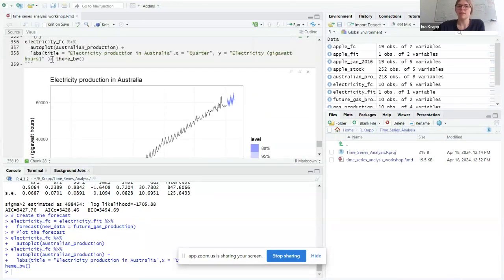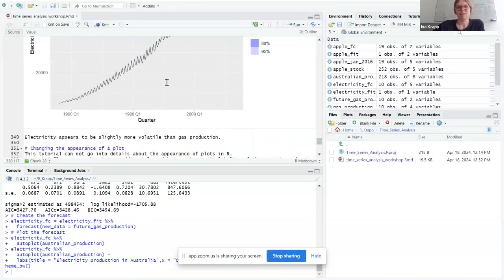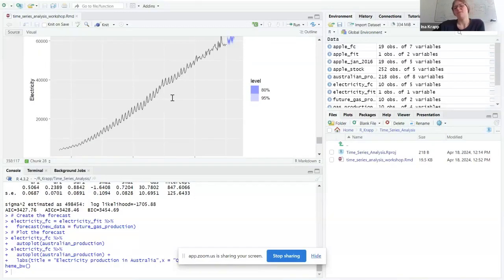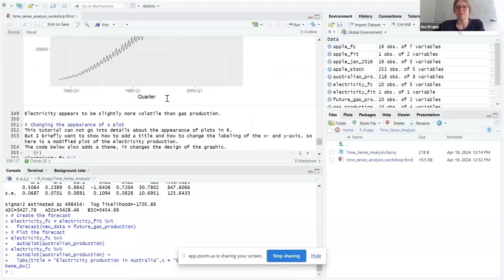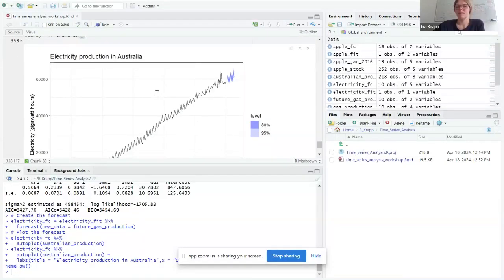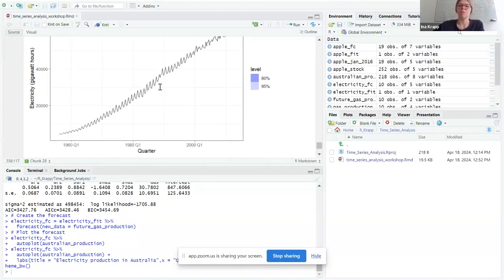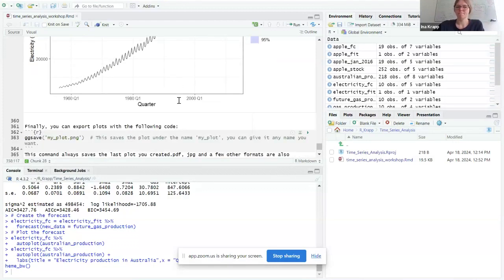Finally, I also added this plus theme_bw. BW stands for black and white, just because most people don't think that the gray background that is default in R looks very nice. But you can do a lot of customization with graphics in R if you would like to.